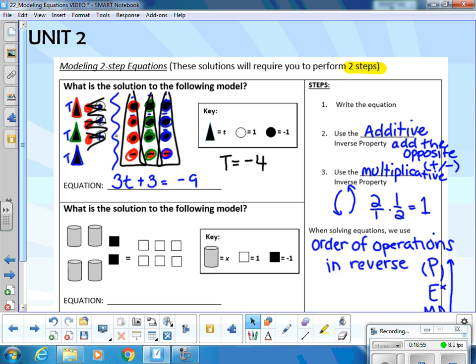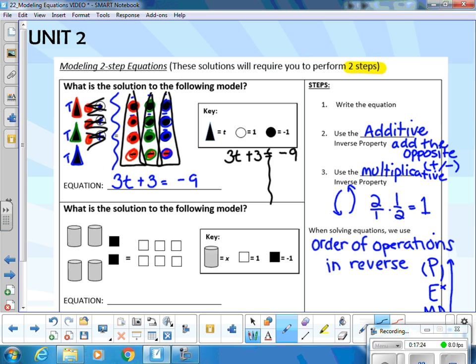With this one, we started with getting rid of the 3, which is the constant or the number by itself, by adding the inverse, which was -3. Let me show you. I'm going to erase your answer for just a second and show you what we did. So we had 3t plus 3 equals -9.